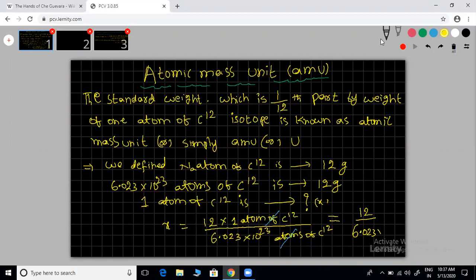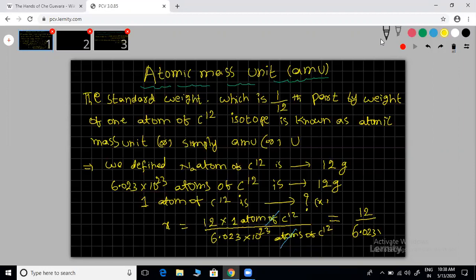But 16 grams of oxygen is visible. According to that, we should be able to see all the atoms, but still they are not in the visible range. Practically, you can't see atoms and molecules with the naked eye.